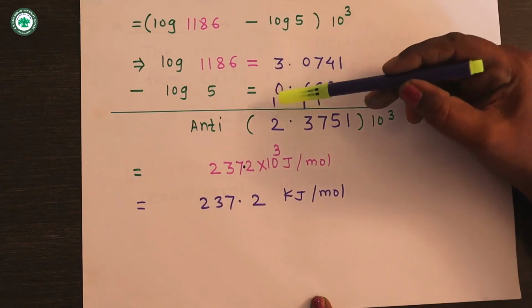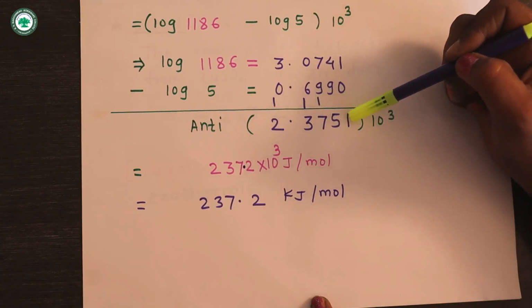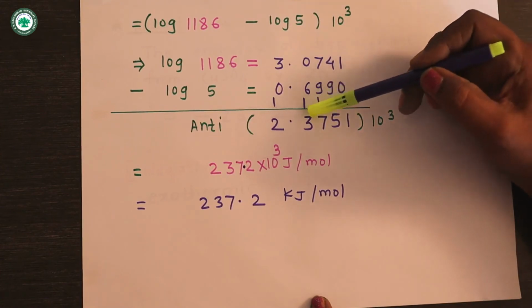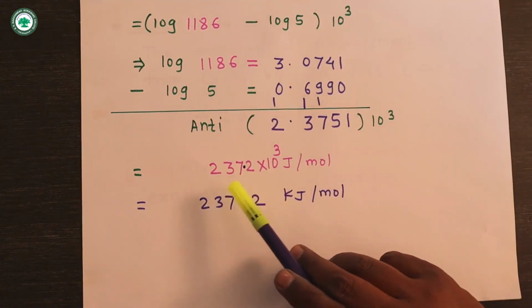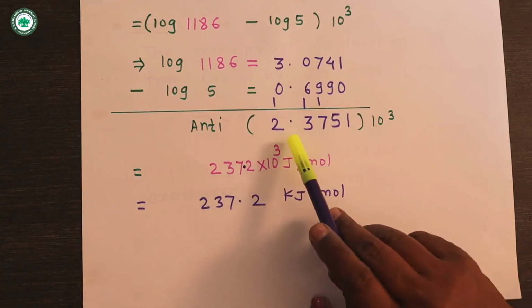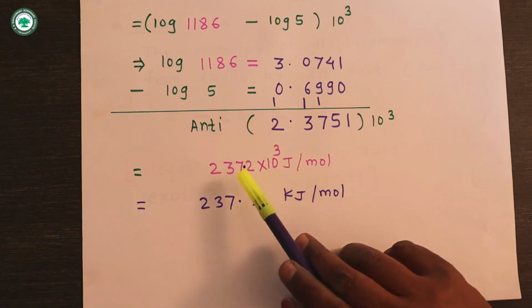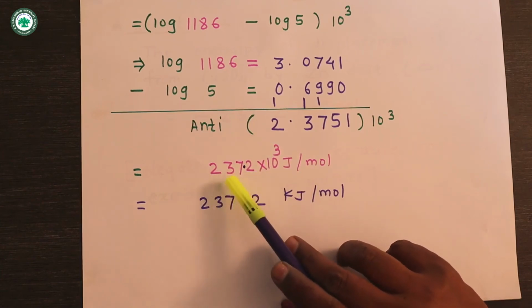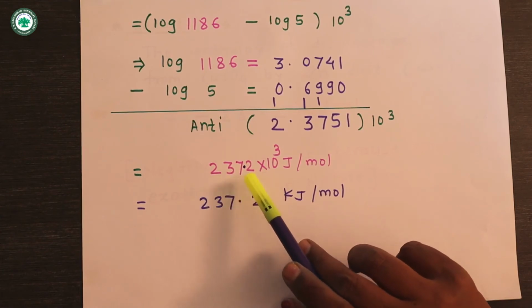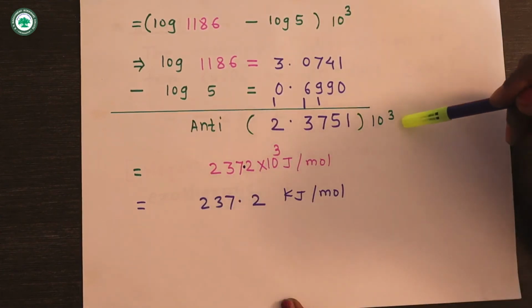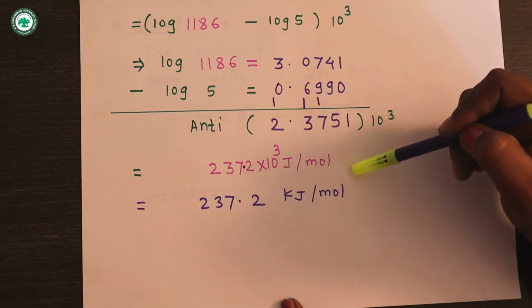Now we have to see the antilog of 0.37 into 5 and difference in 1, and that value of antilog is given by 2372. Now before this point 2 digits are there, so we have to put the point after 3 digits, and so the value is found to be 237.2 into 10 raised to 3 as it is, and this value is in terms of joule per mole.